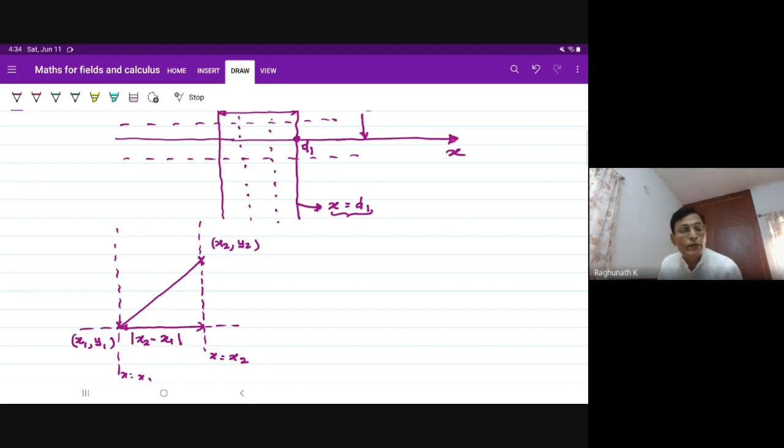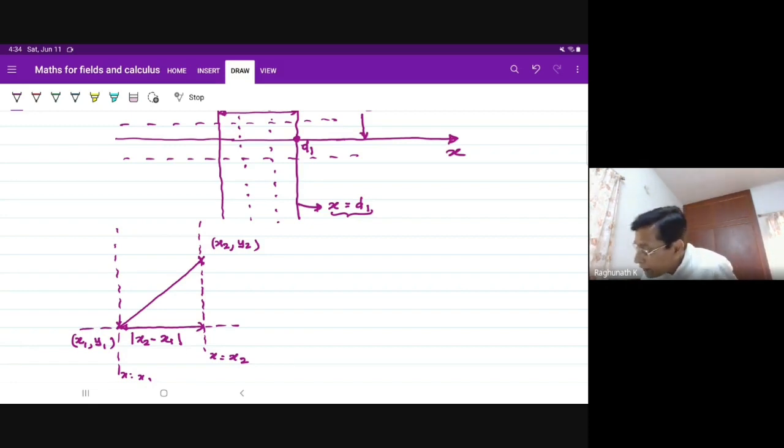You agree with this? X2 need not be there to the right only, wherever it goes. Right? This x2 minus x1, or x1 difference of x2 modulus, is the distance between these 2 points along x-axis, where y remains constant and x only changes.